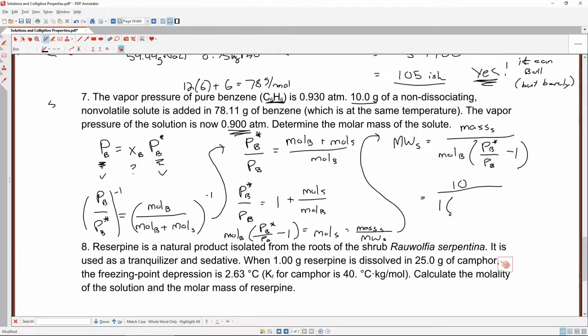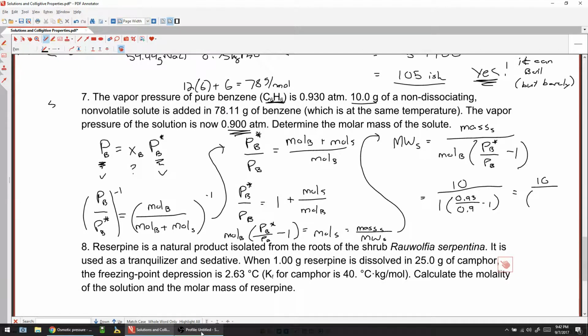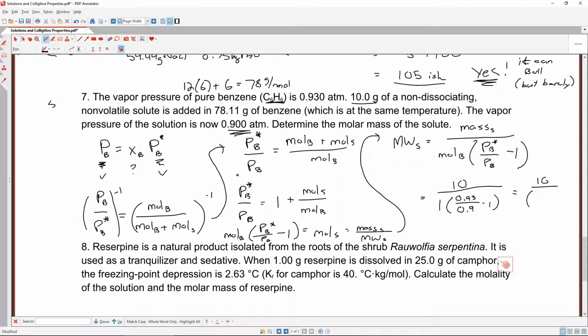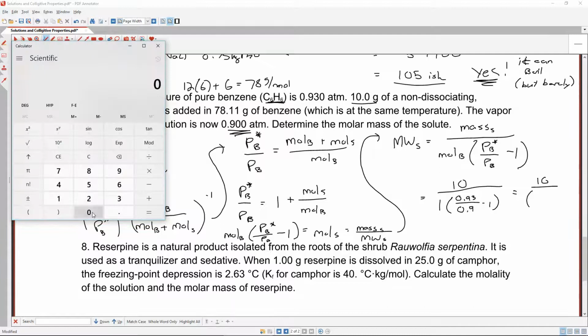And then P star is 0.93. The new P is 0.9. So we have 10 divided by... this is going to be very close to 1. 0.93 divided by 0.9 is very close to 1, and then minus 1.